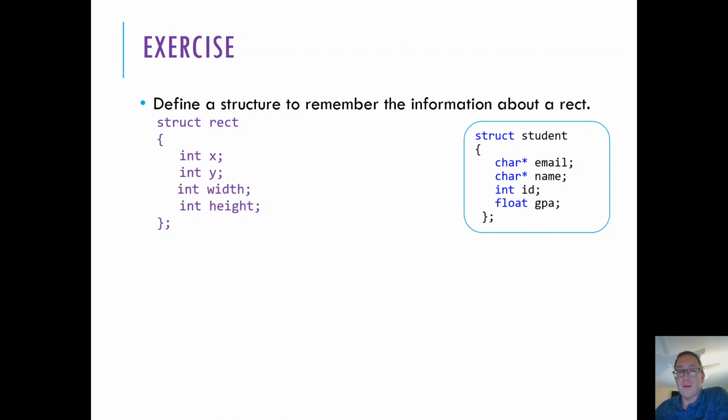This is one of the ways you could have done it, right? I have an integer x, an integer y, a width, and a height. That's actually how I've written the rect structure 1,001 times. I could have also, let's call it rect2, used a point.